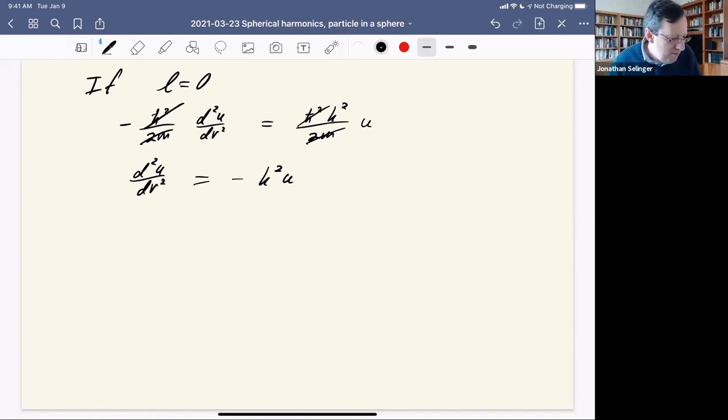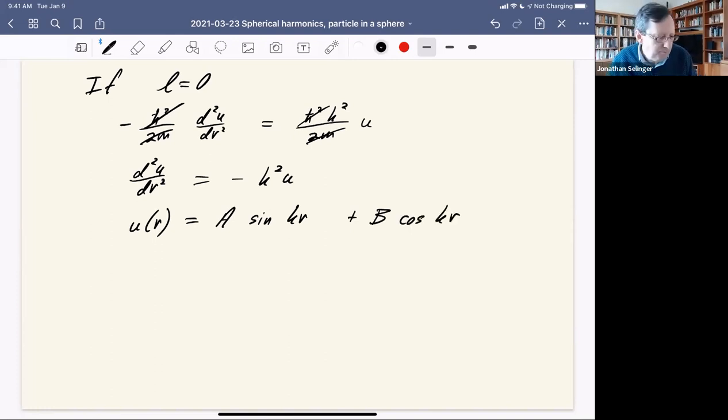And so you know that u as a function of r could be a coefficient times the sine of kr plus another coefficient times the cosine of kr. So the function big R of little r, that's, remember, u divided by little r.